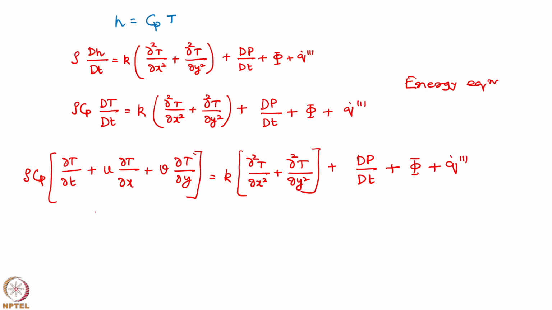So this is the total derivative, that is, the temperature is varying with time and the temperature is varying with x and y by virtue of convection. If you have to physically feel this, consider this room: when I am entering into this AC room with a velocity u, I experience a temperature gradient of ∂T/∂x, that is the convective term.